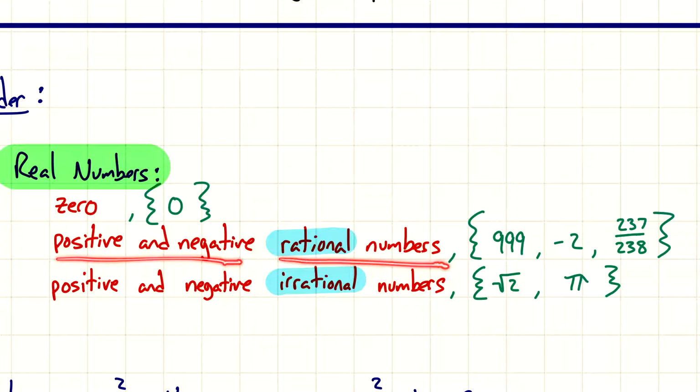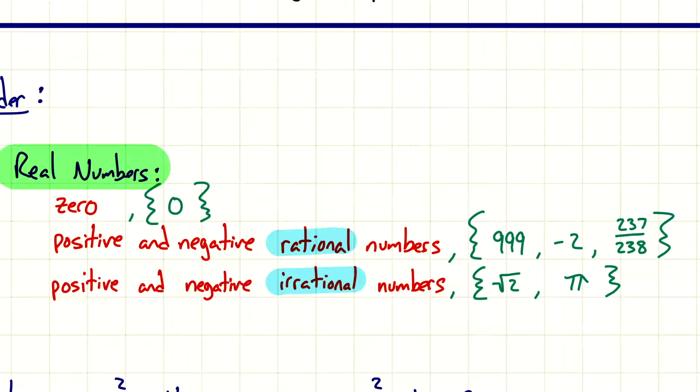So you understand the difference between positive and negative, but rational, maybe you know this or don't know this. Another word for rational might be fraction, something that could be written as a fraction. And some numbers that I have as examples are maybe 999. That's a rational number because that definitely could be written in a fraction form. It reduces to a nice whole number.